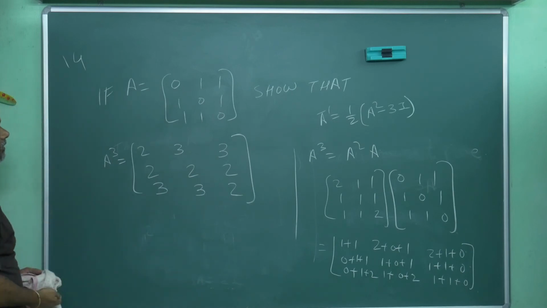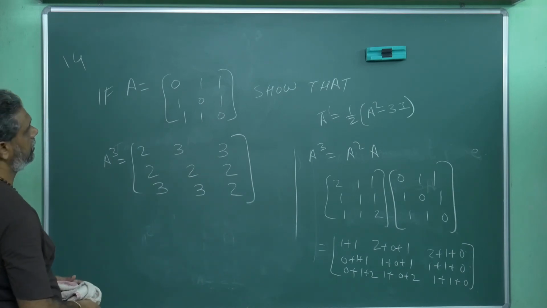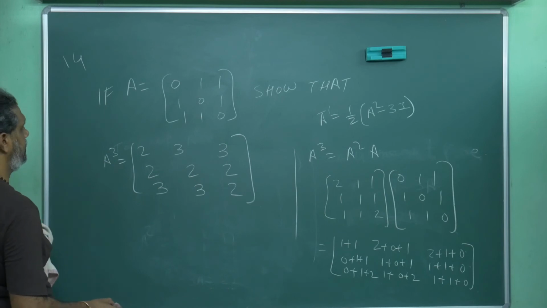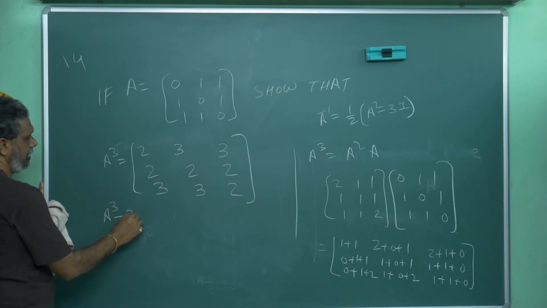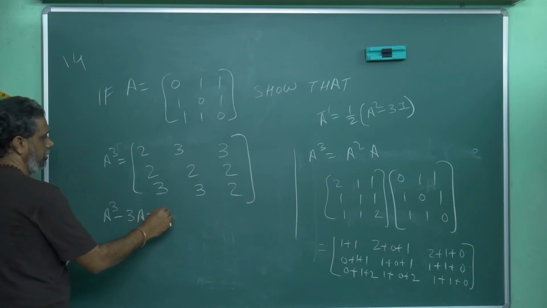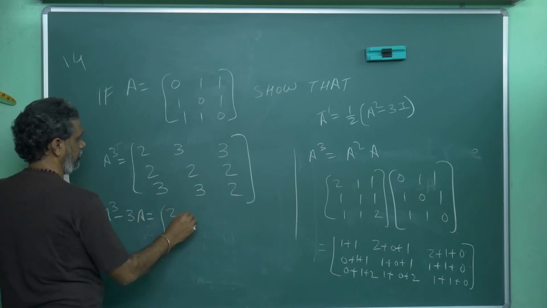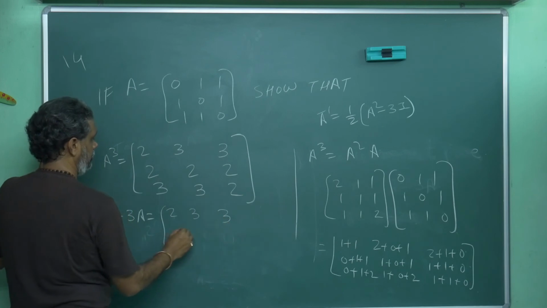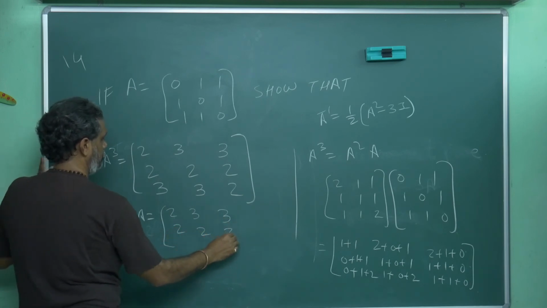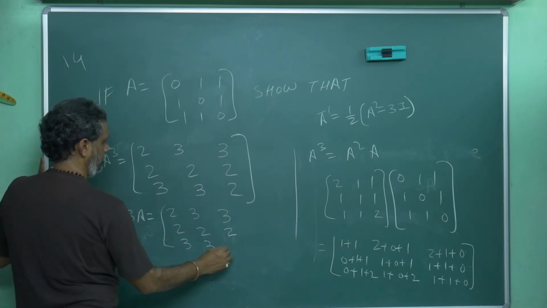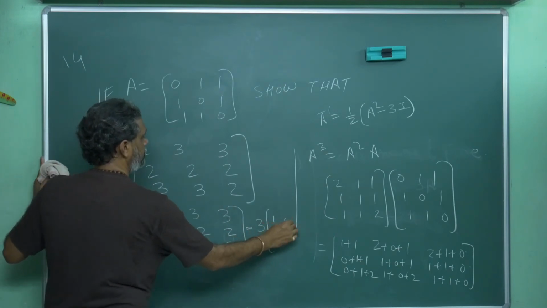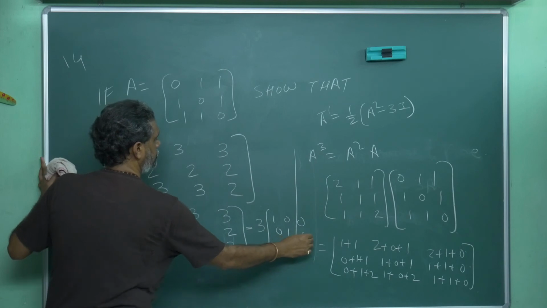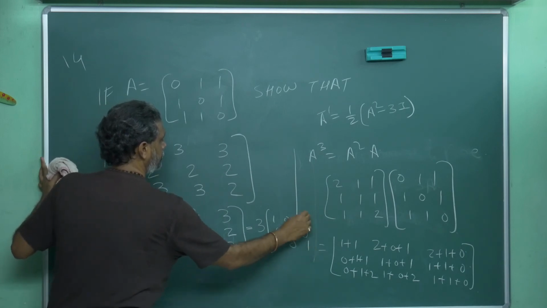Now what I want to prove is that 2I is equal to A cube minus 3A. A cube is available in my hand, 2 3 3, 3 2 3, 3 3 2, minus 3 into I, 1 0 0, 0 1 0, 0 0 1.